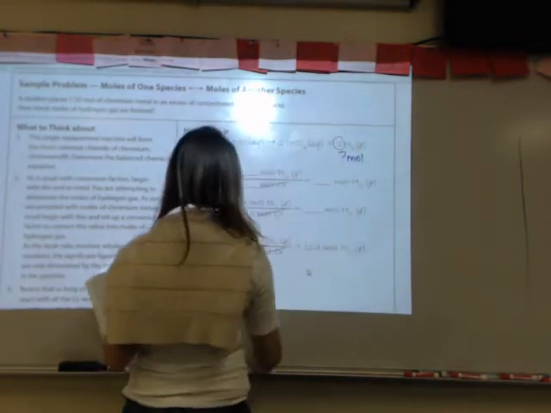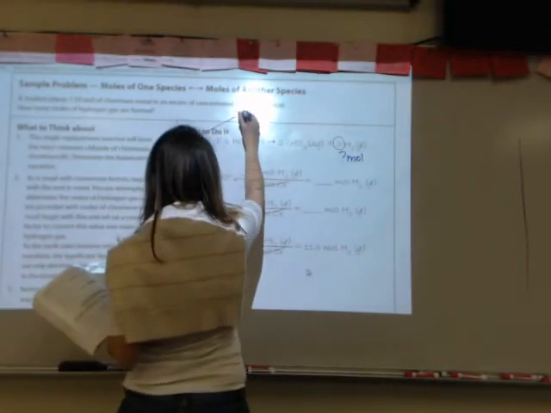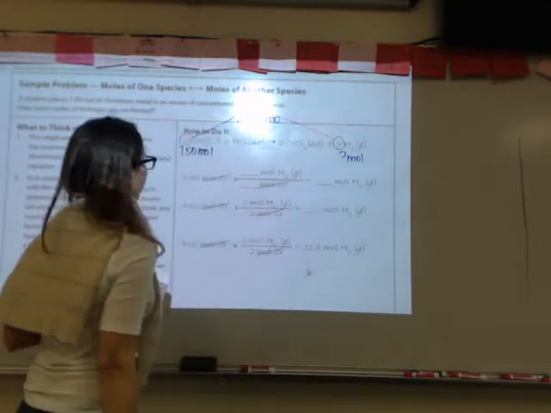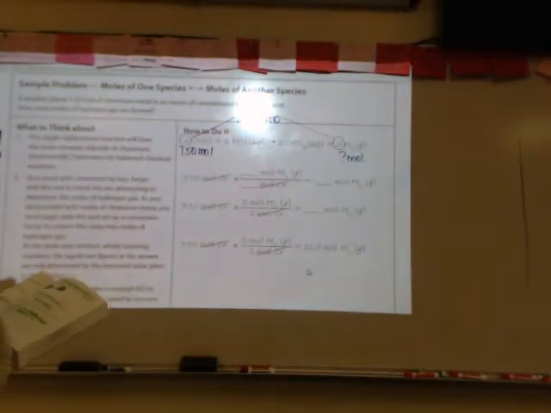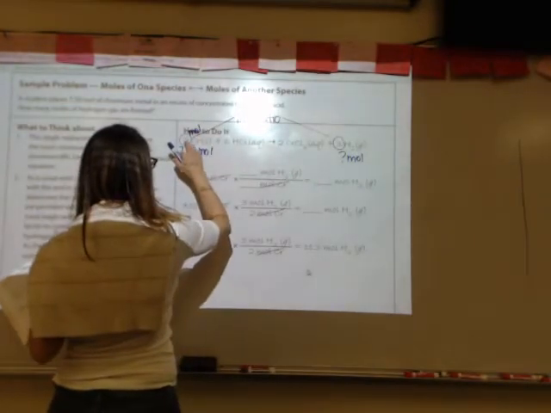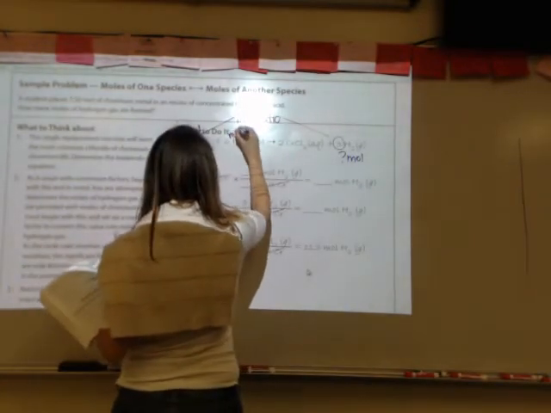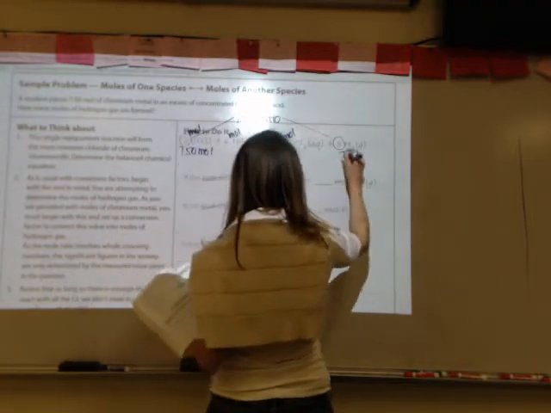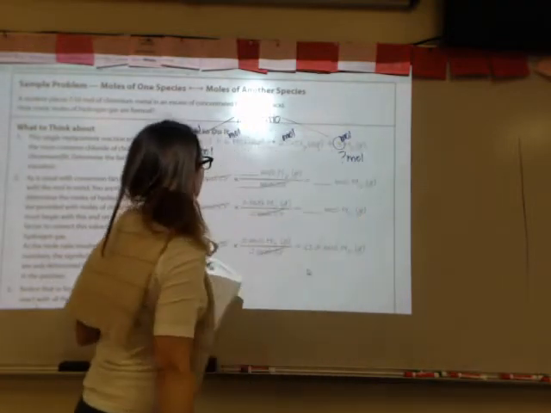I'm going to circle its coefficient. So I'm going to need to do a mole ratio using the coefficients in front of chromium and hydrogen, because technically this coefficient stands for 2 moles of chromium reacts with 6 moles of hydrochloric acid to produce 2 moles of CrCl3 and 3 moles of H2.